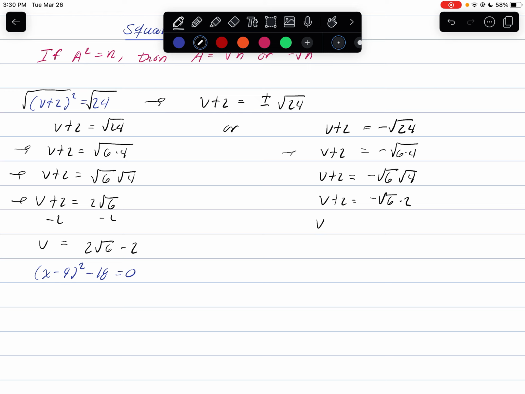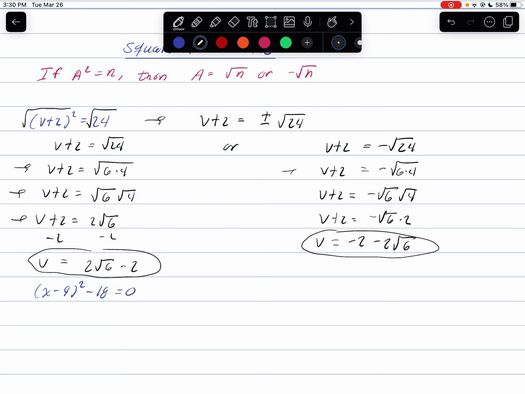Okay, so then v is going to be the same thing except you're just going to flip the signs more or less, right? So we're going to have negative 2 minus 2 times the square root of 6, right? So this is a very similar process, but these are going to be your two solutions for this equation, okay?